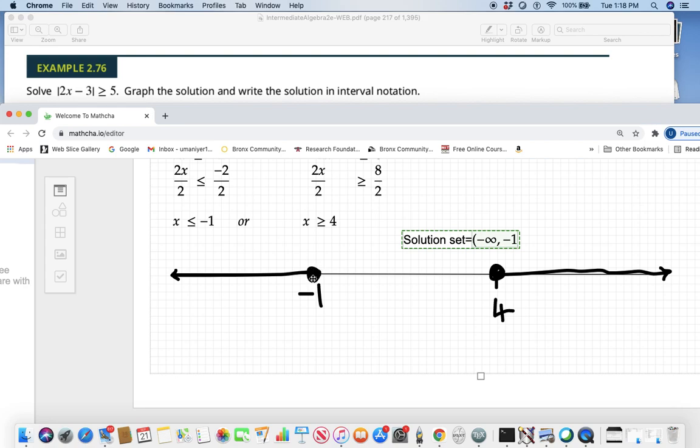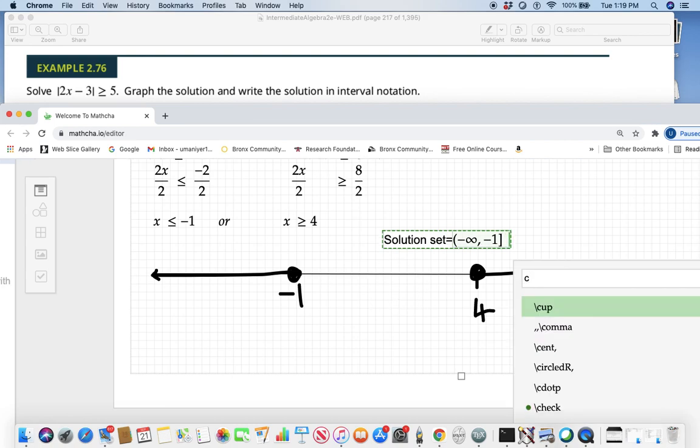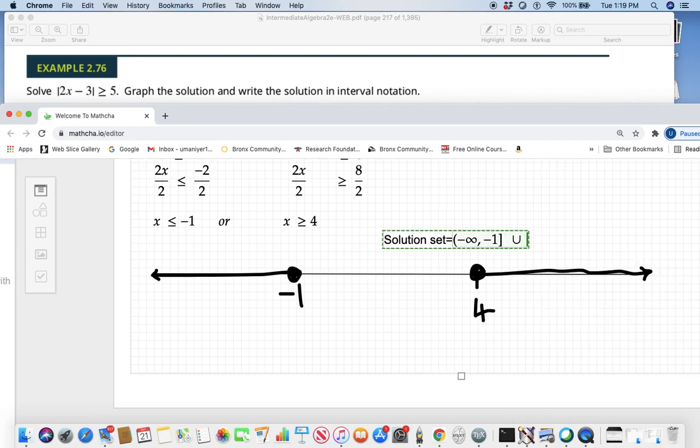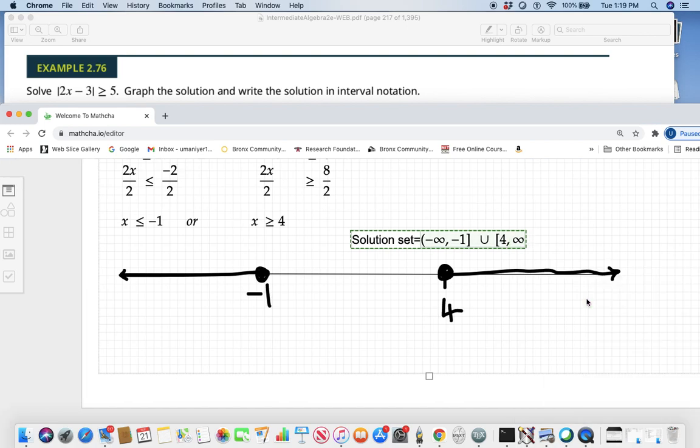This is included, so it's a bracket. There is a broken area. This area is not to be included. So you take union. Now you start reading off at 4. 4 included, so it's a bracket until all the way to infinity. Infinity is always open. That's your interval notation.